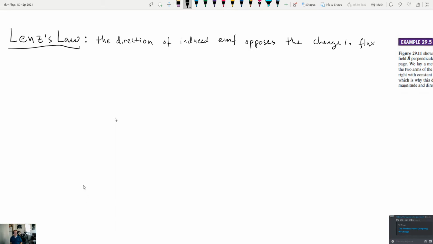I think that's like the least number of words you can use. I could also write an entire paragraph for Lenz's law, but I think this is good enough as a starting point, and then we can go into more detail about what it means. But this is a little easier to remember. The direction of the induced EMF opposes the change in flux.